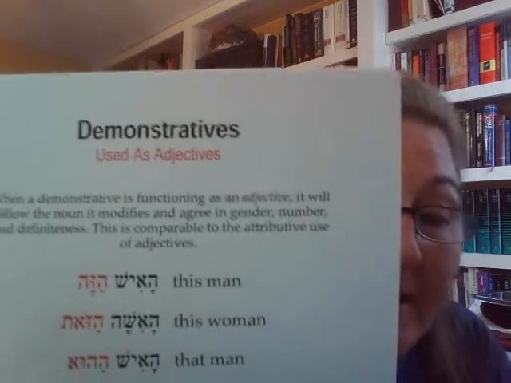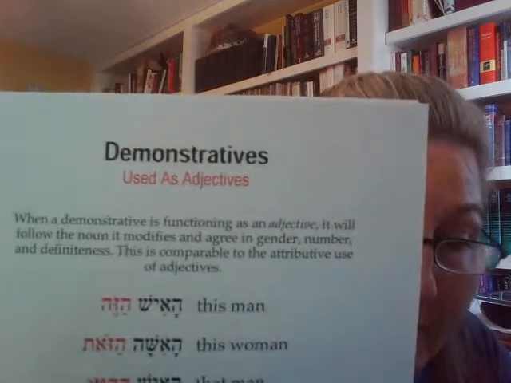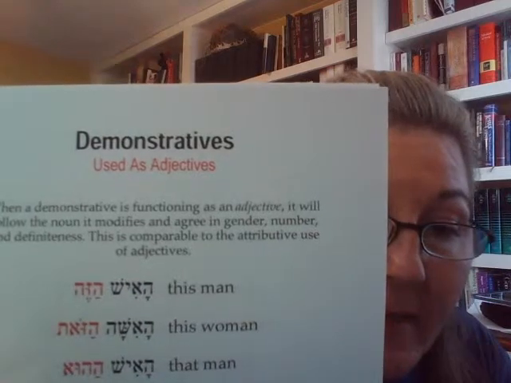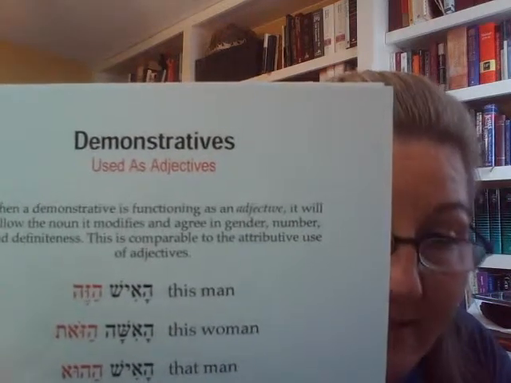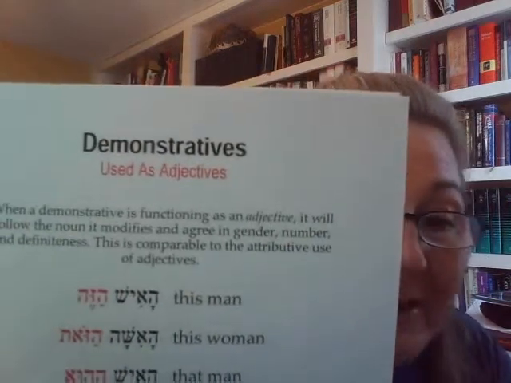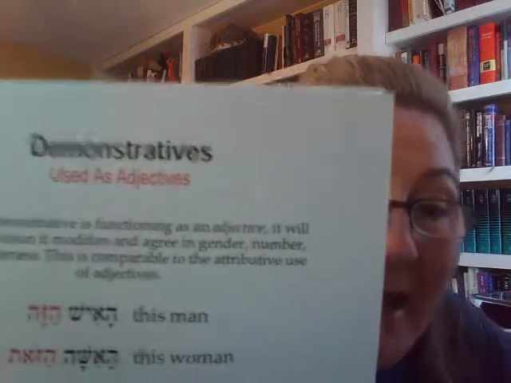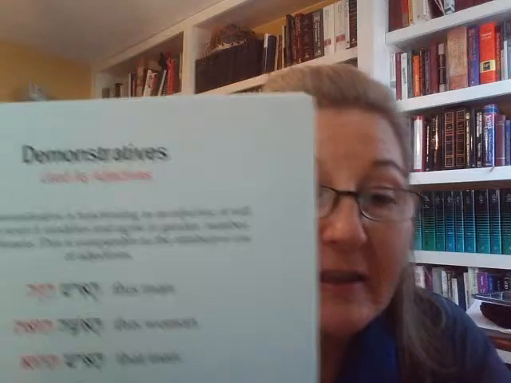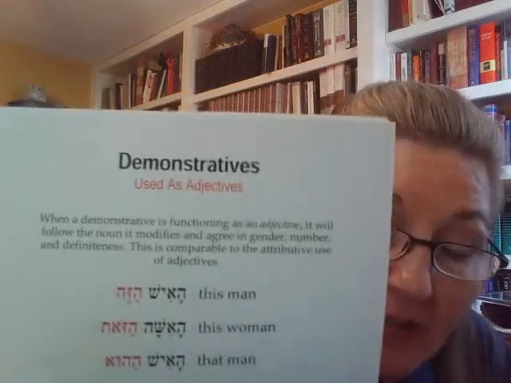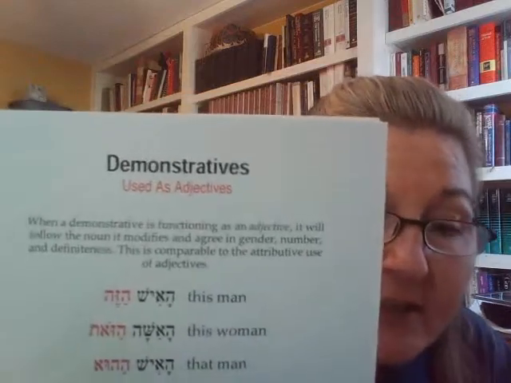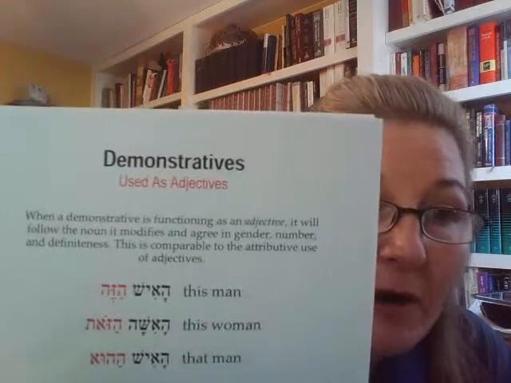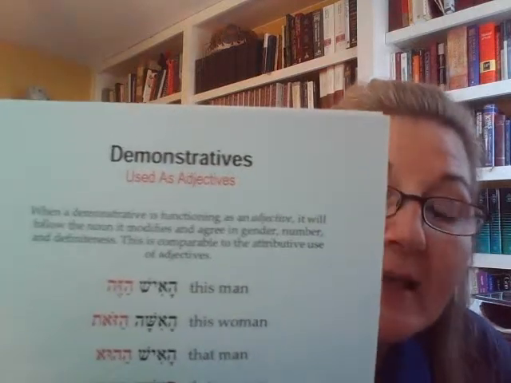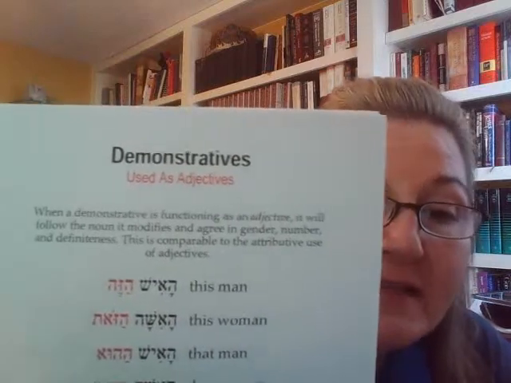Now, again, in Hebrew, if we were going to give a wooden English translation of this, it would be the man, the this. We don't have a good translation in English for that. If we were to go around saying the man, the this, that would not be syntactically correct. So a part of our work with learning Hebrew is that we have to also learn the syntax.